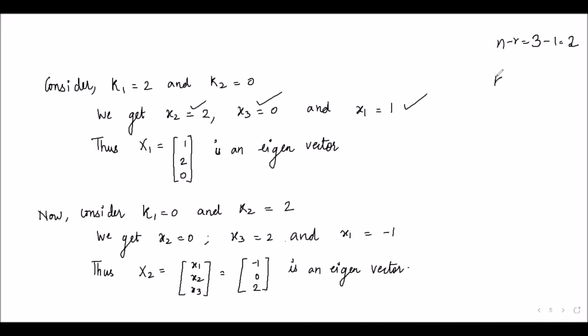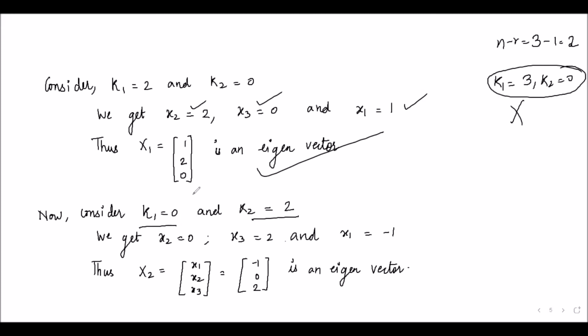See, if I consider, say, k1 as 3 and k2 as 0, I will be getting some eigenvector, but that will be dependent on the eigenvector which we have obtained right now. So the other choice which I am taking is k1 as 0 and k2 as 2. With this substitution, I will be getting another eigenvector x2 of this form.